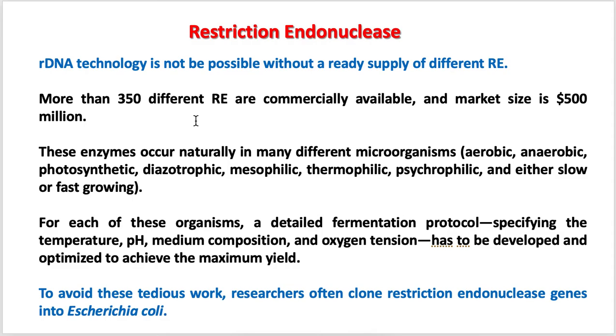It will be tedious work, right? So we can avoid this tedious work. How? We can clone the gene which encodes the restriction endonuclease enzyme into E. coli. Then use that recombinant E. coli to produce that enzyme.